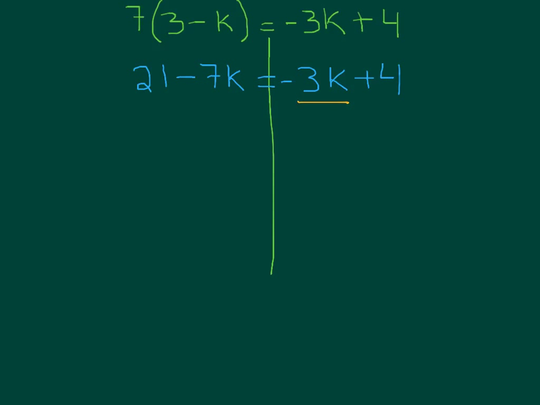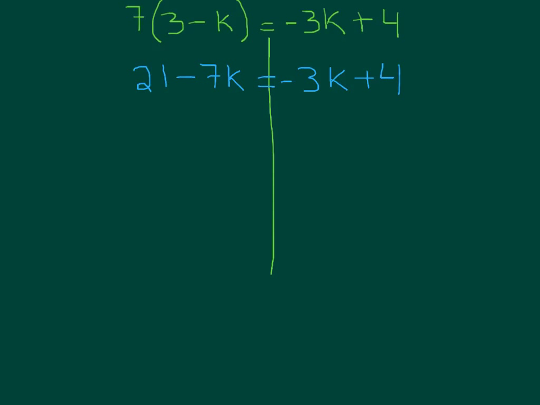Or some students will look to see, well, I'm going to move it to whichever side makes my variable positive, because that is easier. So in this case, they would move this negative 7k, because if you add it to the other side, you would end up with a positive number over here. So it's your choice. I generally just always move from the right to the left, but you can choose which way you like.